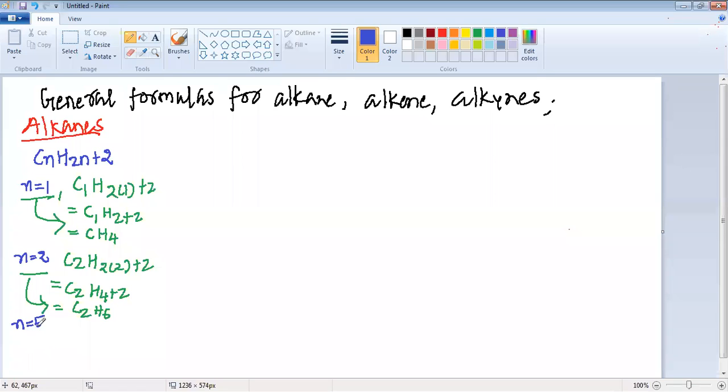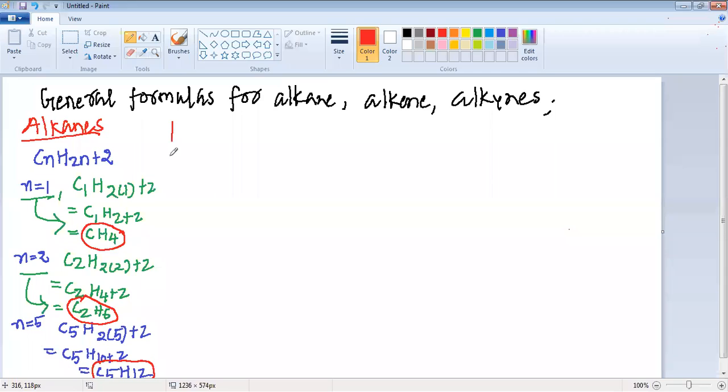So this is what it gives you, the fifth member. That is your C5H2 into 5 plus 2. That is equal to C5H10 plus 2. And that is equal to your C5H12. So here, my dear students, you can see all these members. This is the first member, this is the second member, this is the sixth member.